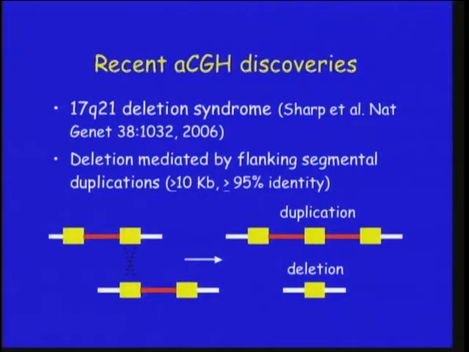Then if you have a crossover event that occurs here during meiosis, if you follow the crossover, you wind up with one chromosome that's duplicated, shown here, and your other homologous chromosome has a deletion. Many of the known microdeletion and duplication syndromes that have already been characterized have been found to have these flanking segmental duplications.